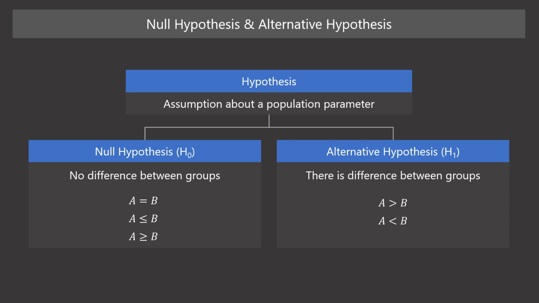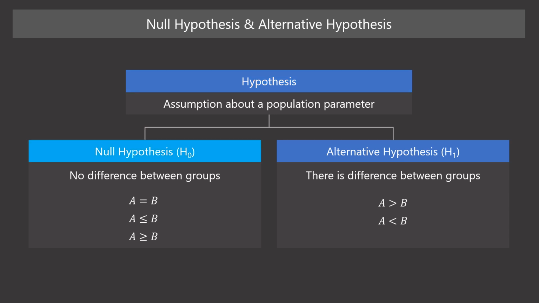First, let's see what null and alternative hypotheses are. Statistical hypothesis testing is often used to compare the proportions between groups and confirm the positive or negative relationship between variables. As noted in the previous slide, hypothesis is an assumption about population parameter.